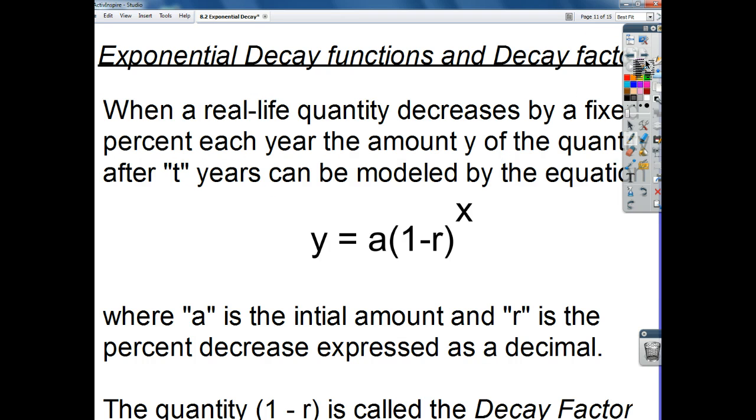All right, let's talk about exponential decay functions and the decay factor. Okay?